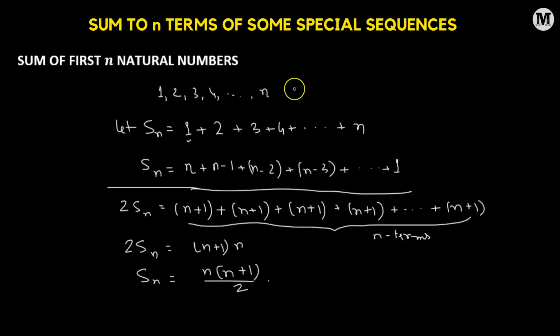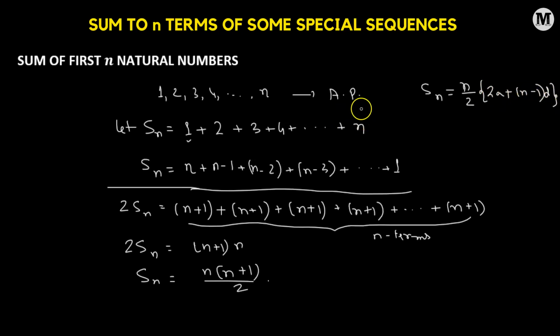That's very important. However, there is one more way. We know that 1, 2, 3, 4, this is an arithmetic sequence. That means the terms are going to be in arithmetic progression. So here, the sum up to n terms, we have a standard formula for it. It's given by n over 2 multiplied by 2 times a plus n minus 1 times the common difference d.